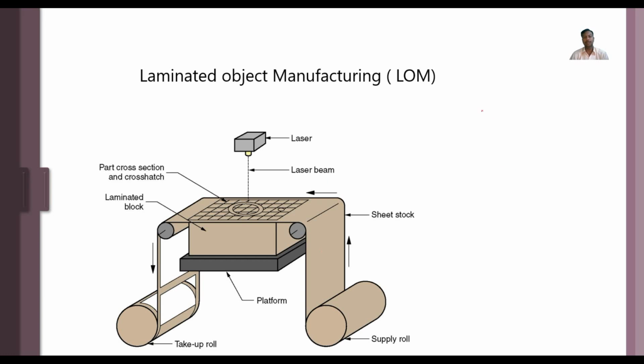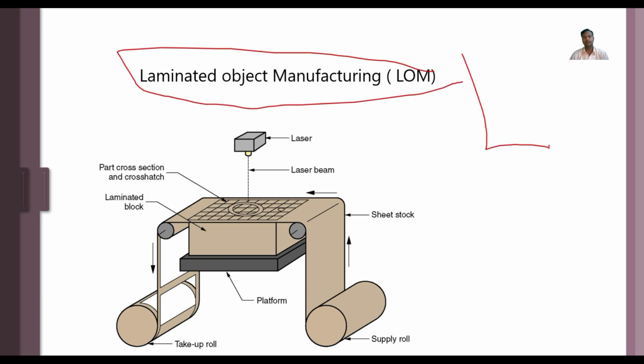LOM is another important application where architectural prints, such as buildings, can be shown as prototype models. We can print in this chamber where the supply roll passes through this way, and the required dimensions of a particular prototype building model can be designed and fed into this CAD model.